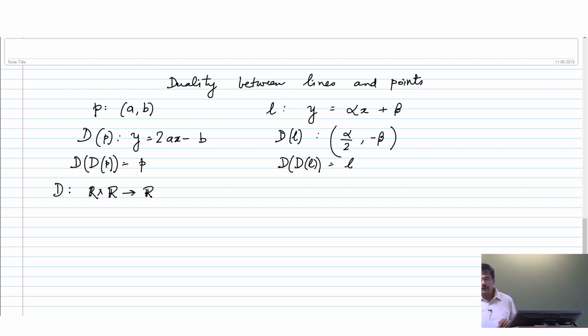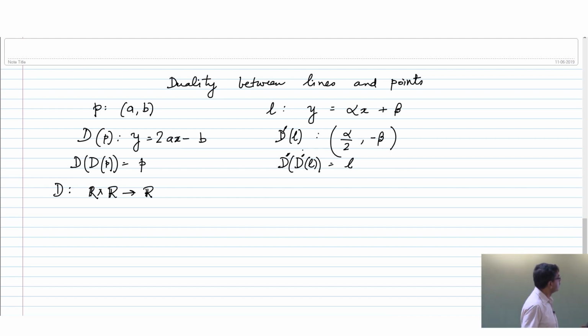By which I am able to define both of these, that the dual transform of a point given by a comma b is given by this. Okay, let me use different notations. Maybe I got carried away. Let me use a notation like this, prime instead of this, just to keep it separate.